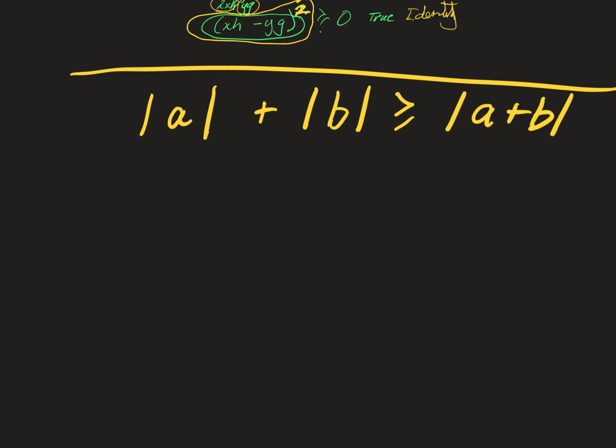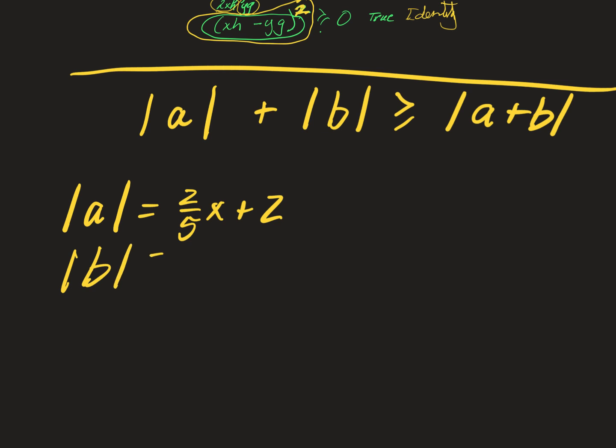So let me grab an example and I'll show you how it's done. So I snagged a problem, and what you need to do is really interesting. They give you something like this. The absolute value of A is equal to 2/5 x plus 2. The absolute value of B, so this is your first complex number. Your second complex number is like negative 3/4 x minus 1.